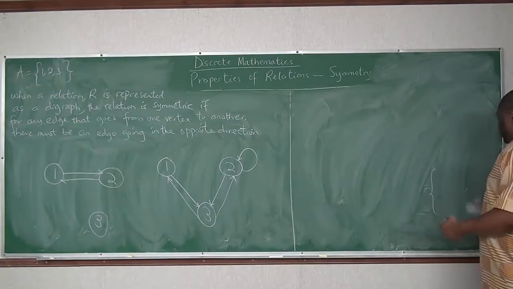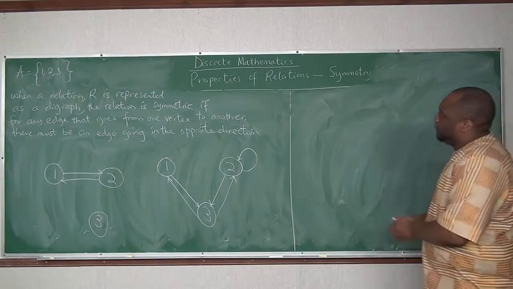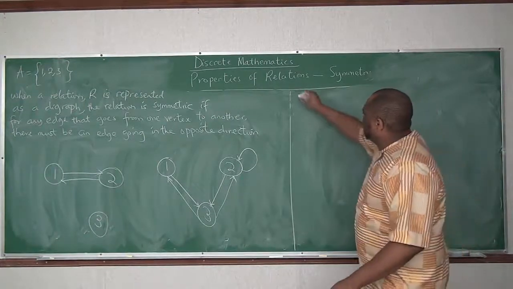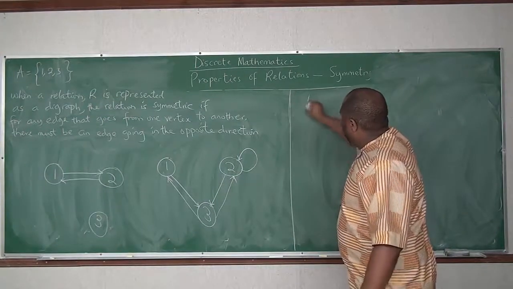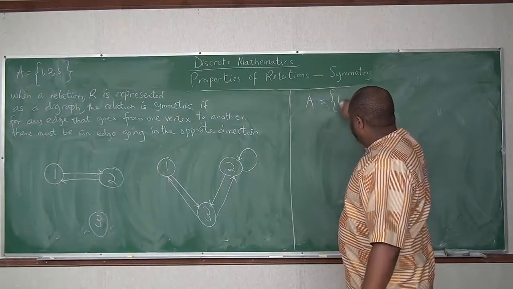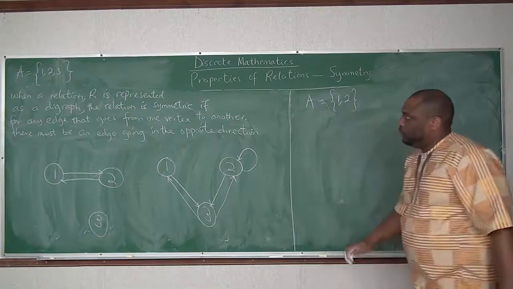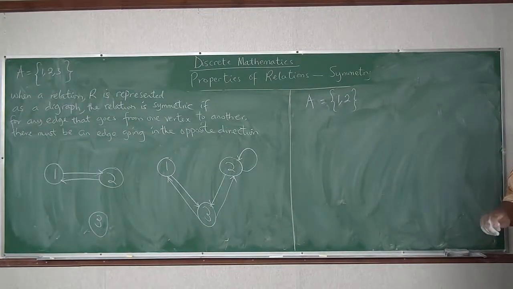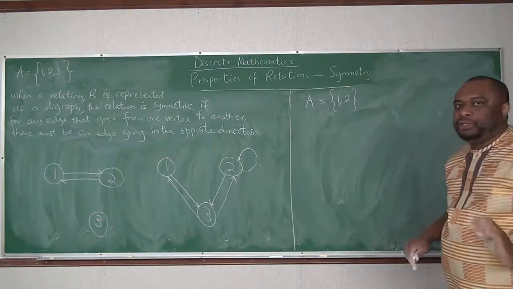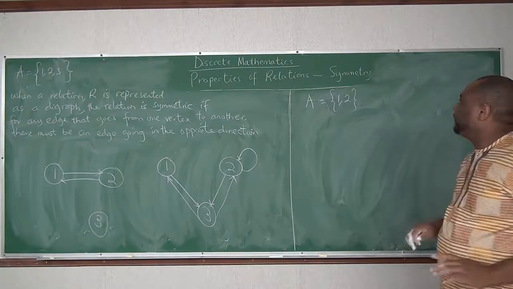Let me start with a 2 by 2 matrix. So let's say that A is {1, 2}.